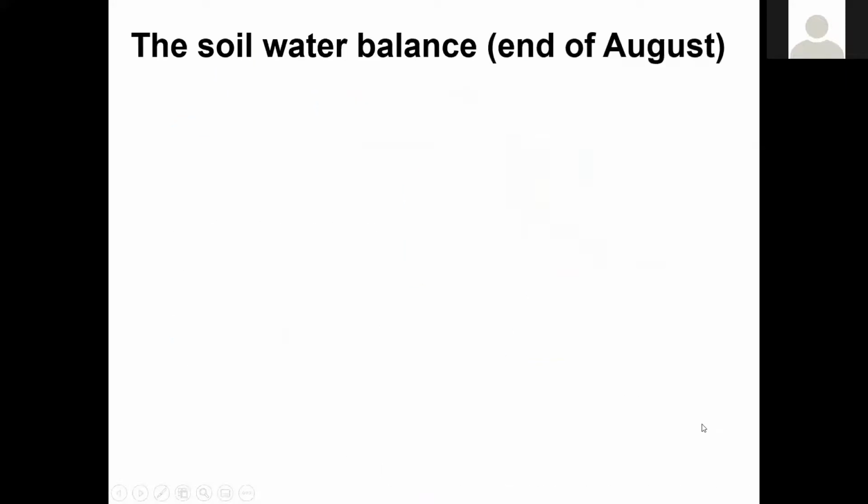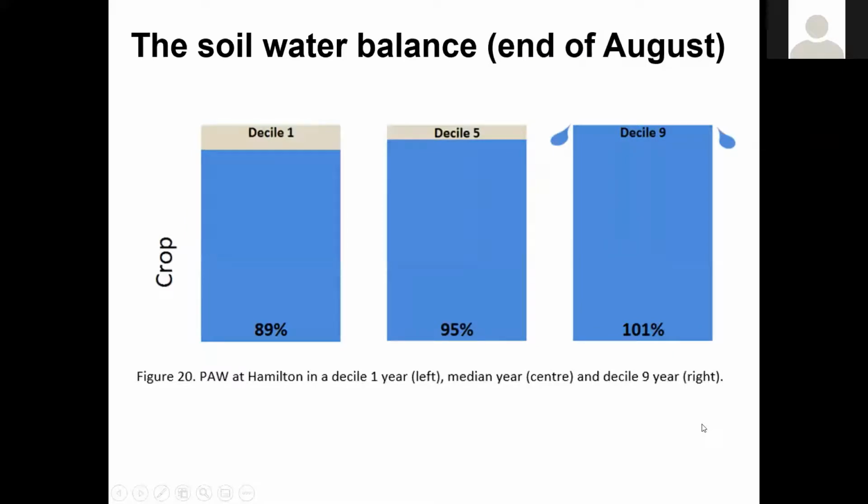And just to look at one graph out of it, this is the plant available water at Hamilton after a decile 1 year for rainfall, an average year, or a decile 9 year. So in an average year, your bucket by the end of August is virtually full, even if you've got no plant water to start with.